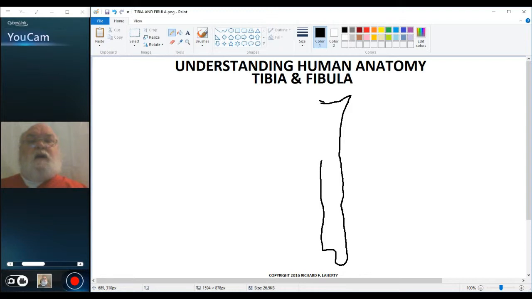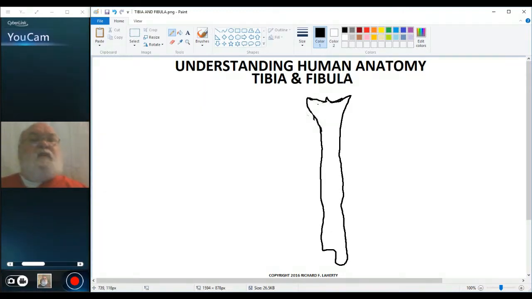And we'll come back up like so. And we have an area that projects in the middle like this.